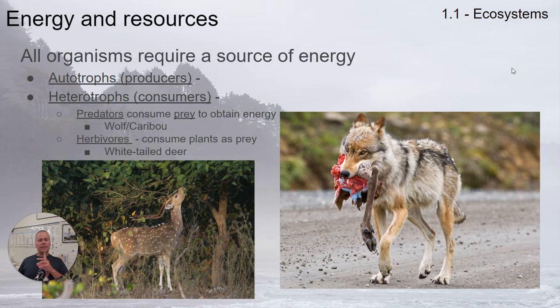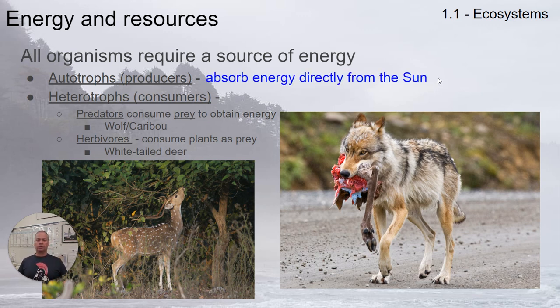We know that in ecosystems, we're going to talk a lot in this unit about energy. All organisms need a source of energy to maintain life activities, and how organisms obtain that energy varies depending on the type of organism.